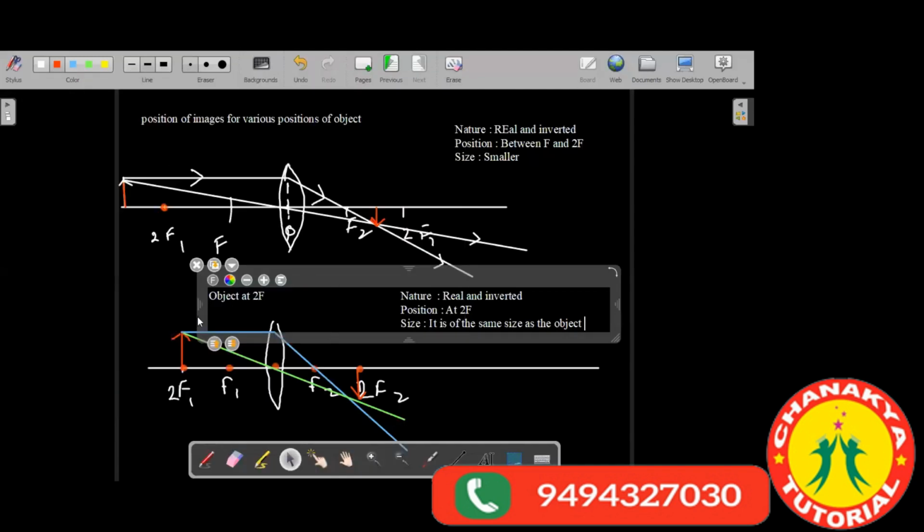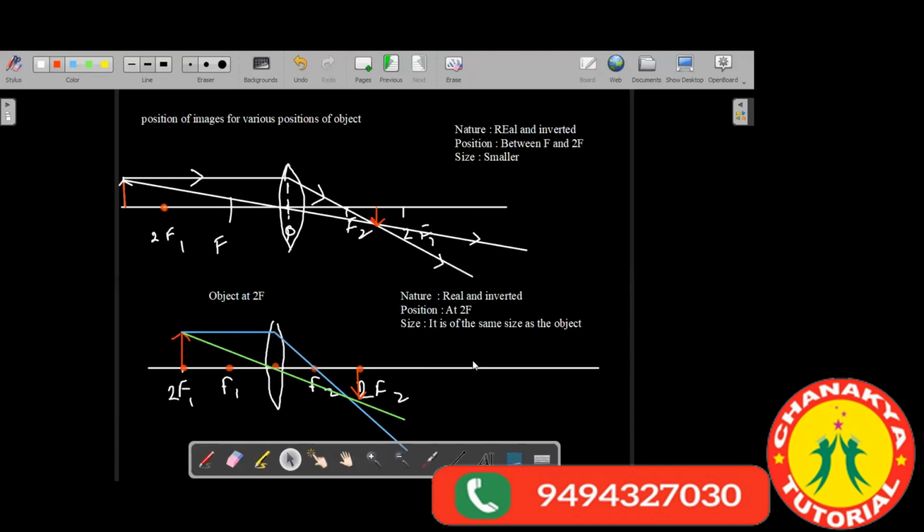Okay, see here, I have reshared the screen for you to see the diagrams. So these are the two diagrams. In the first case, the object is placed beyond 2f, where we are getting a real, inverted and diminished image. In the second case, we have placed the object at 2f, so the image is obtained at 2f.